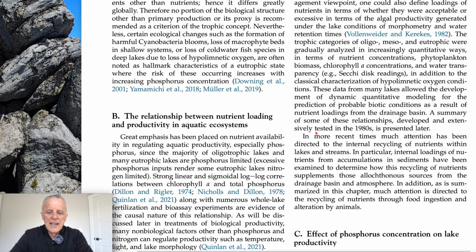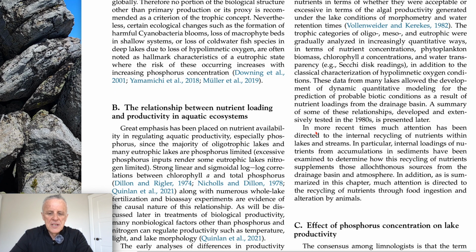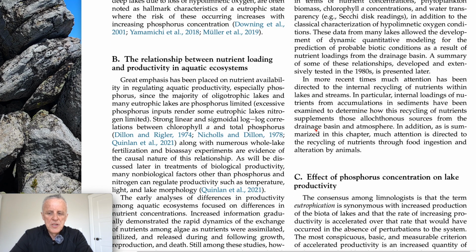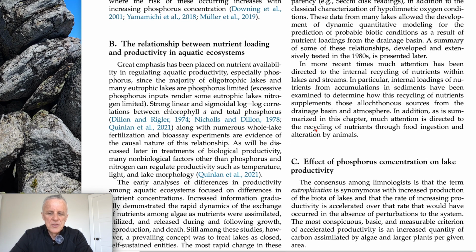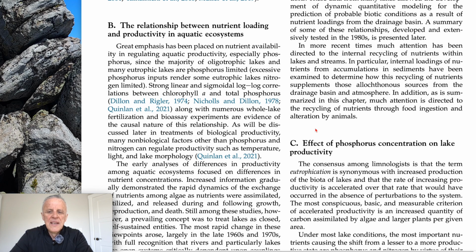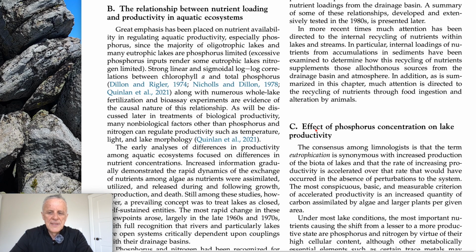These data from many lakes allowed the development of dynamic, quantitative modeling for the prediction of probable biotic conditions as a result of nutrient loadings from the drainage basin. A summary of these relationships developed and extensively tested in the 1980s is presented later.